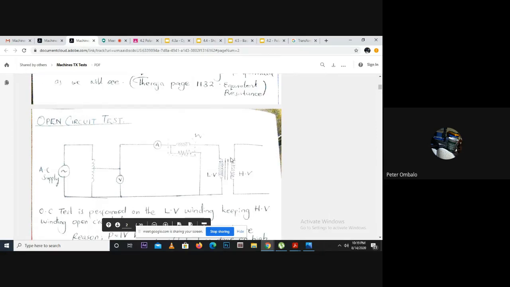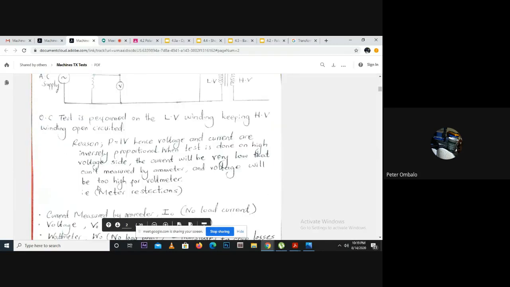So the current demanded by the transformer, the input current, I naught as we will refer to it, is going to be the current that is utilized or lost within the transformer, because there's no current doing any job to create another current in the high voltage side. So all that current demanded is only going to be utilized in losses in the core.